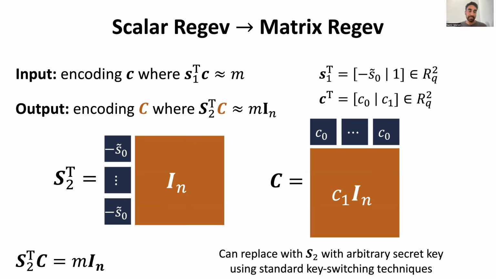So essentially what we show here is, if you imagine that S2, the matrix key, was of this special form where the secret vector was all the same element, then you can actually just construct the ciphertext that you want directly from the scalar one, and then you just need a standard key switching. So what this does is let us take an encoding of some message M and produce a matrix encoding of M times the identity, I sub n.